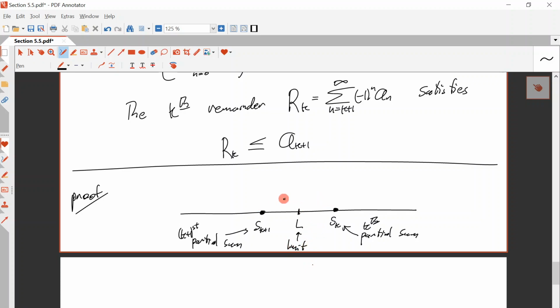The distance between these two is the term A_(k+1). But the kth remainder, Rk, is just right here.